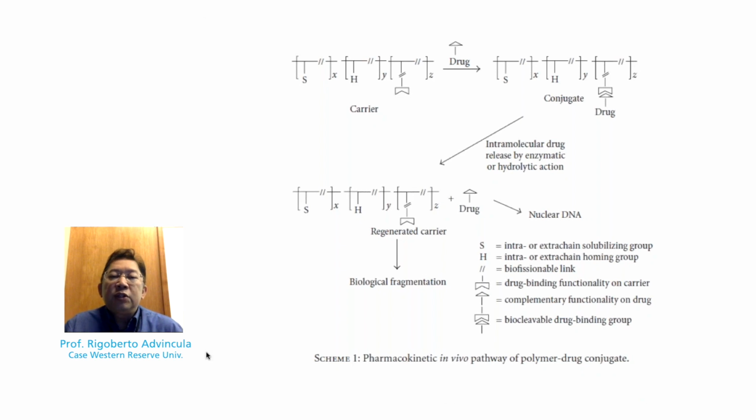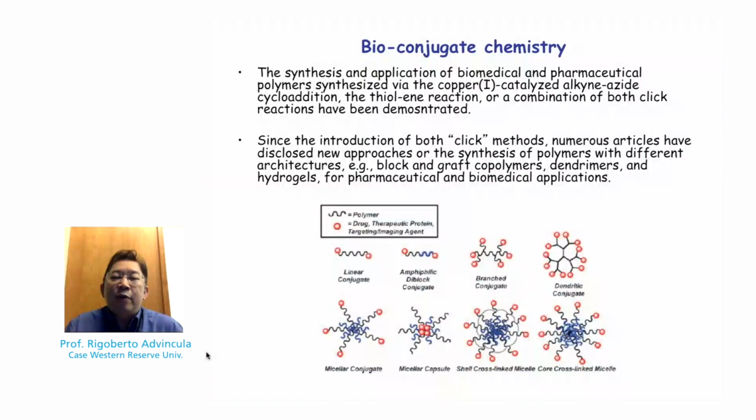Typically, these are reactions like click chemistry or thiol-ene chemistry, or even esterification, that are meant to be simple and high yielding. On the other hand, some of these conjugated drugs are expected to be released and broken off from the host carrier through enzymatic or hydrolytic action. That is, the polymer already served its purpose simply by improving the pharmacokinetics or in vivo pathway of a polymer drug, or including it in a polymer scaffold.